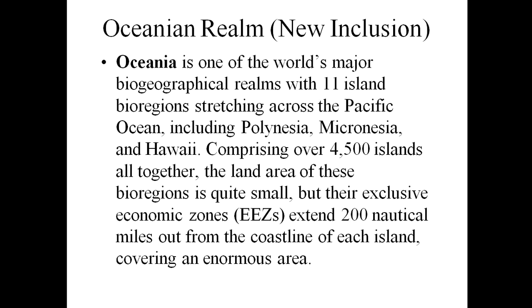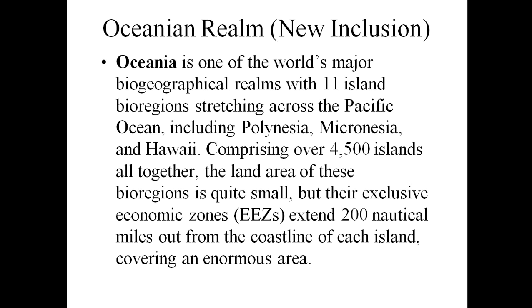All together 11 bioregions comprising about 4,500 islands. Though the land area of these bioregions is very small, their exclusive economic zone extends 200 nautical miles out from the coastline of each island.